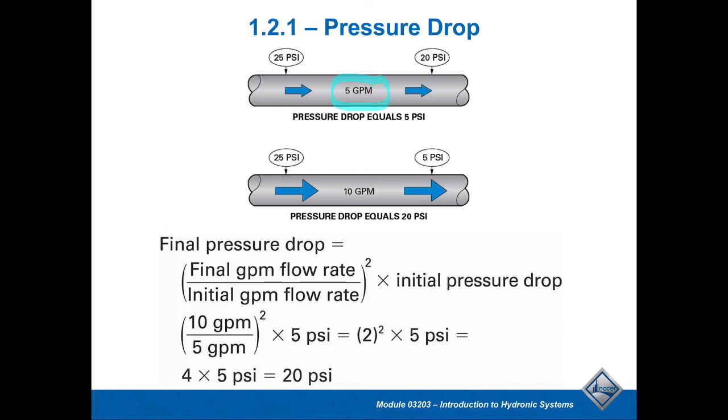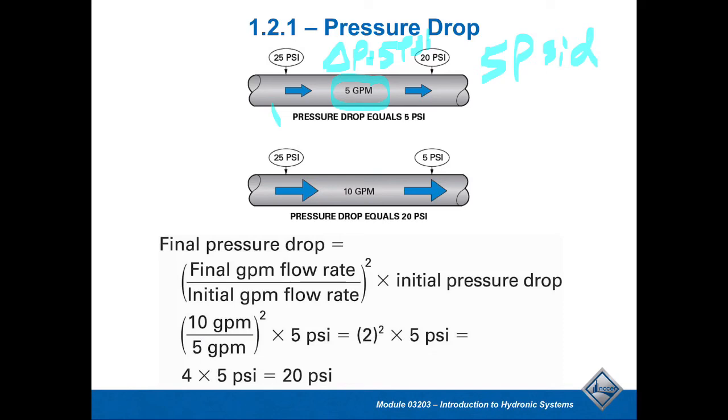I want to use the example up on top. We have a flow rate on this top system that happens to be 5 gallons a minute, and the pressure drop that we measure across the component has a delta P equal to 5 psi.